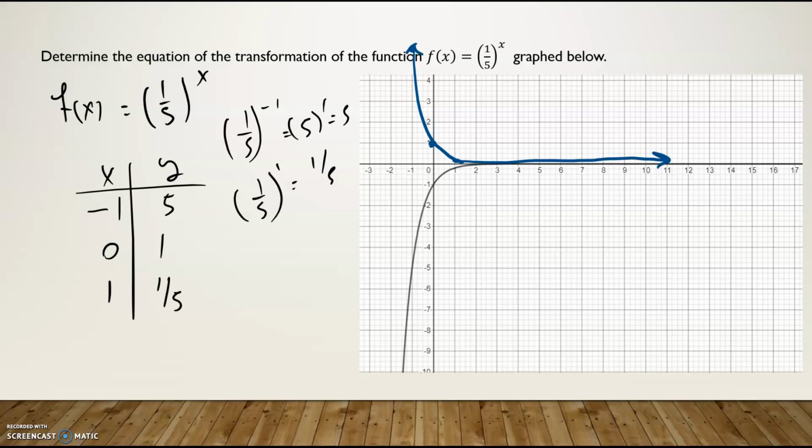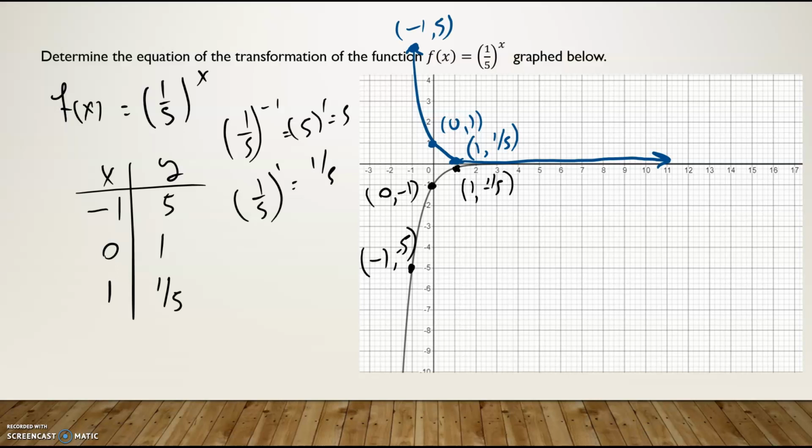All right, so it's a decreasing function, and let's label the points. This is 0, 1. Up here this is negative 1, 5, and right here that's 1, 1/5. For this one right here, that's 1, negative 1/5. Right here, that is 0, negative 1. And right here, that is negative 1, negative 5.